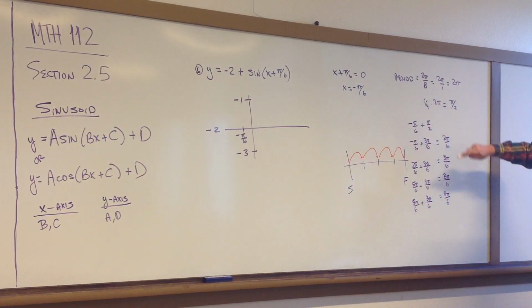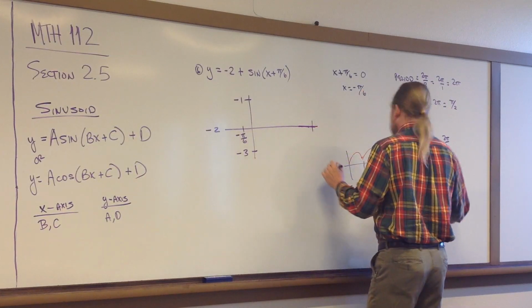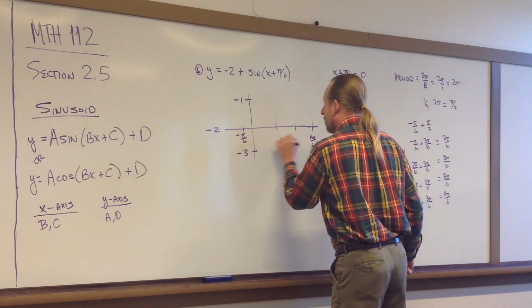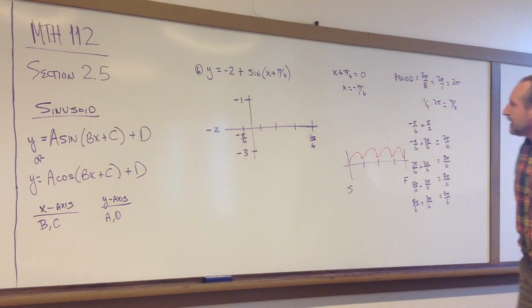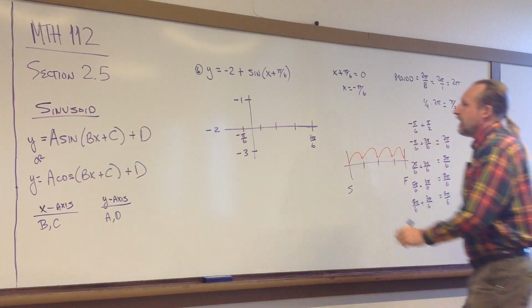So let's see here. The starting point, 1, 2, 3, 4, 5. There's our 5 critical values. Let's see, I'll put the ending point out here, 11pi/6. Chop it up into 4 pieces. And let's see. 2pi/6, so that's pi/3.